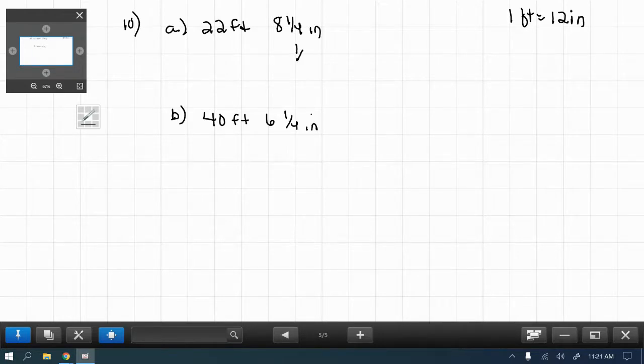I want to do 1 divided by 4. That gives me 0.25, correct? So that would be 8.25 divided by 12. And then we want to add it back to the 22.